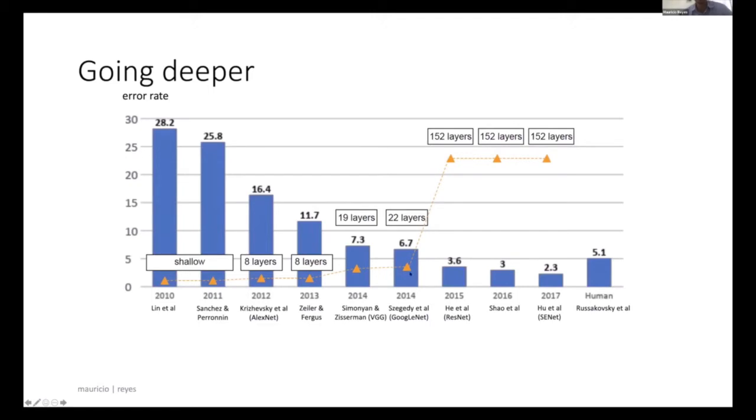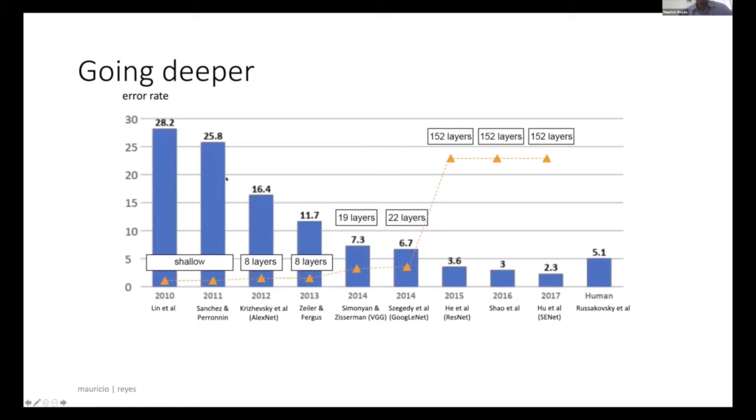Human performance was surpassed in 2015 when a residual network having 152 layers was used, getting to an error of 3.6%. Probably this was possible because of hardware, so GPUs, and also some of the mathematical tricks that have been incorporated in the last years.